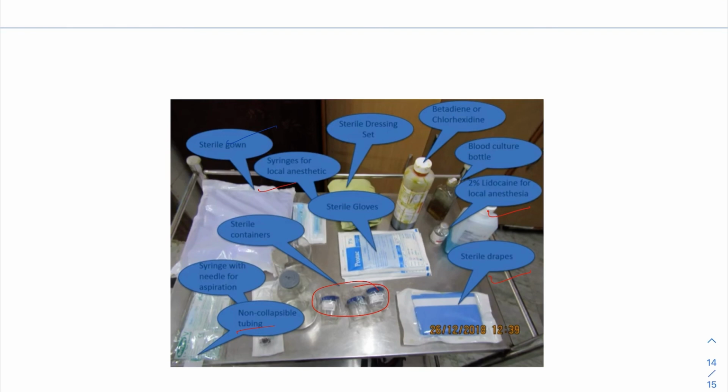Nowadays we are using chlorhexidine. Next is the blood culture bottle. So these are the things necessary for the process to be done.